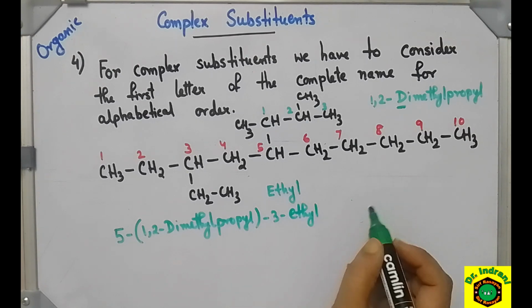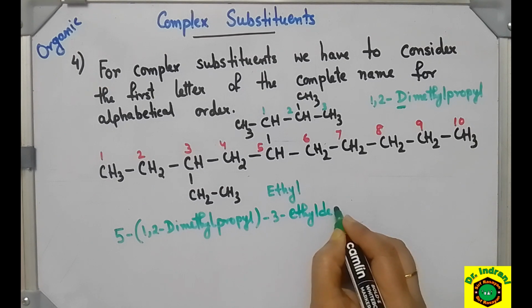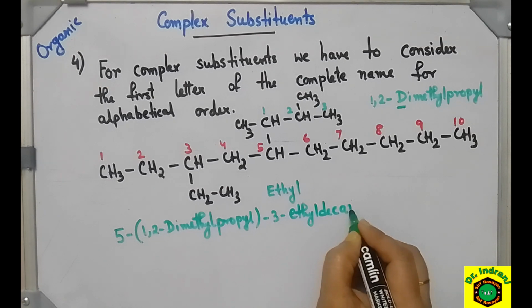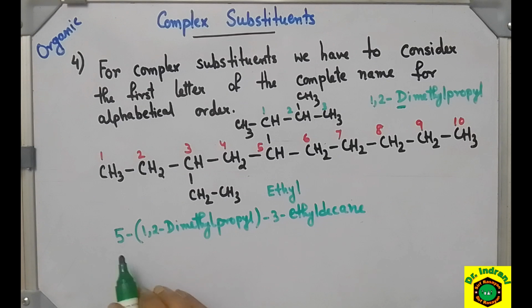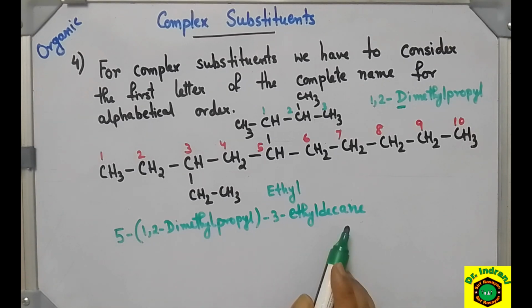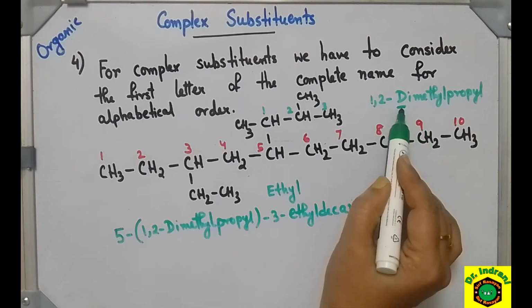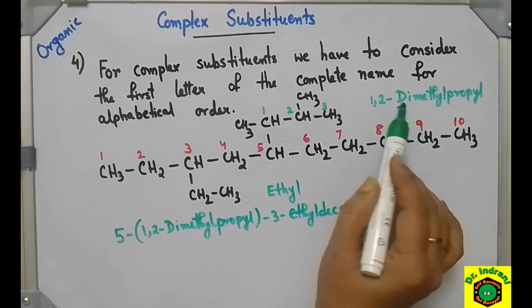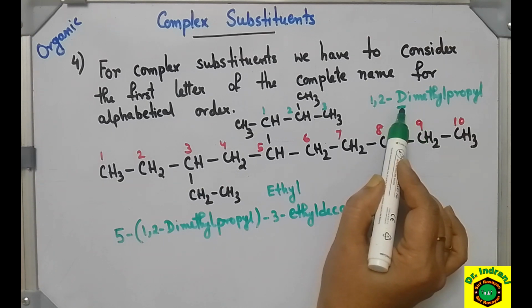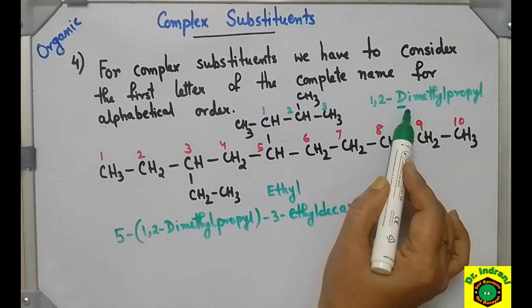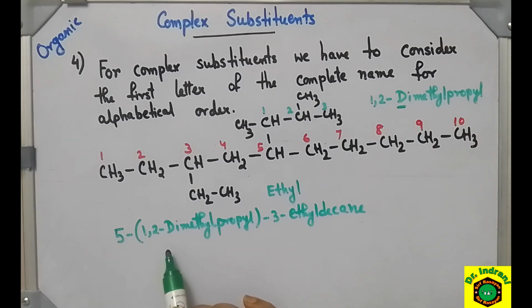Parent chain is having 10 carbon atoms, so word root dec and then primary suffix N we are using. So it is 5, 1, 2 dimethyl propyl, 3 ethyl decane. Because for complex substituent, all those di, tri, for all those you have to consider the first letter of the name. So we are considering this in alphabetical order.